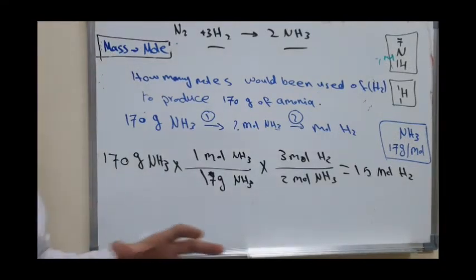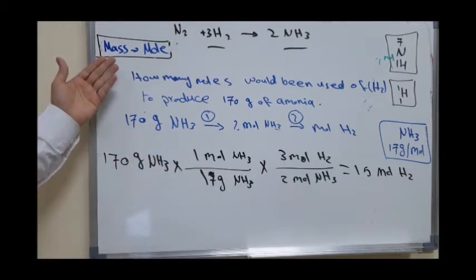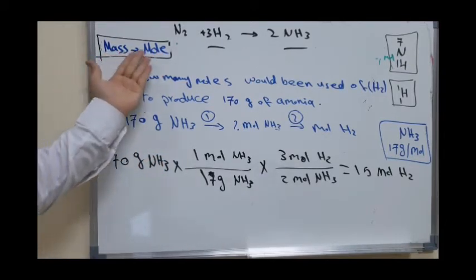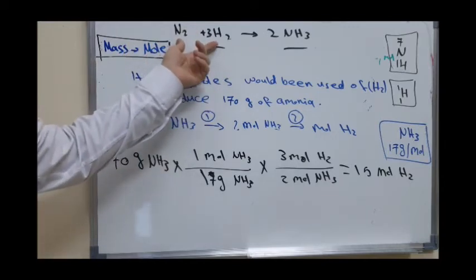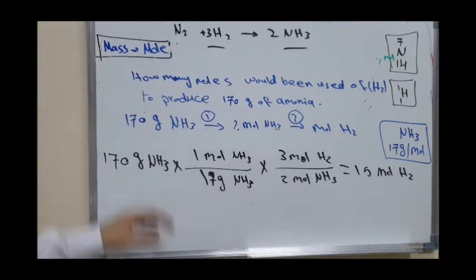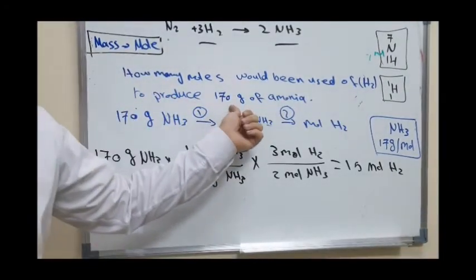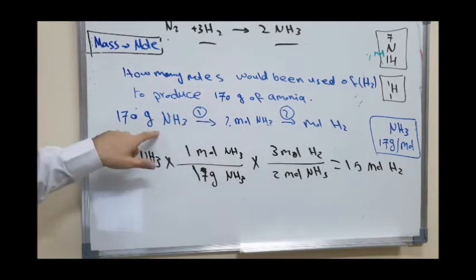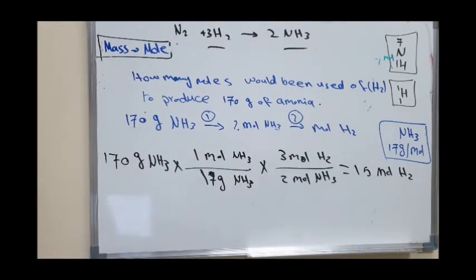Okay, a quick revision. Now we are talking about conversion between the mass of one substance and the moles of another substance. The chemical equation between nitrogen and hydrogen produces ammonia. How many moles of hydrogen would be used to produce 170 grams of ammonia? We have the mass of ammonia and we want to convert it to moles of hydrogen.